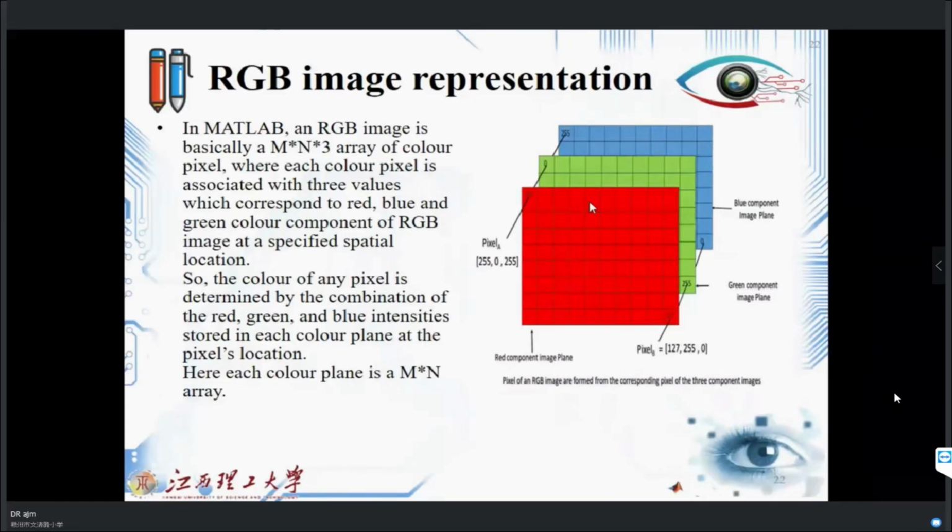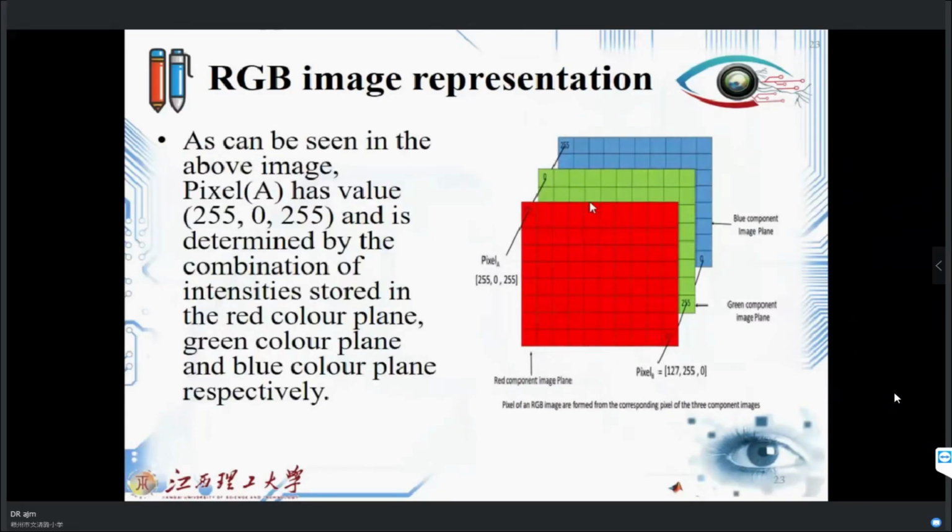We will talk more about this MATLAB section and implementation later, but as you can see in the above pixels, suppose A, we have the values 255, 0, and 255 here.